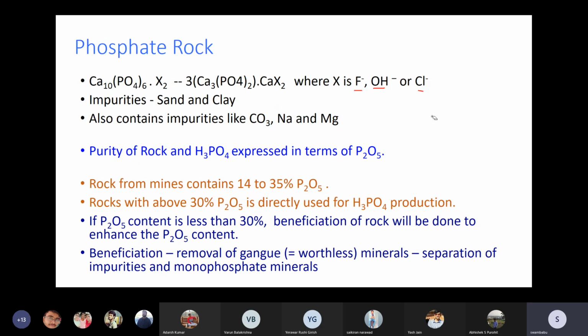If phosphate rock has above 30% P2O5 purity, that can be directly used for phosphoric acid production. If the purity level is lower than 30%, then beneficiation of the rock will be done. Beneficiation means removal or separation of worthless minerals or impurities. Since the phosphate rock contains sand and clay, often they try to reduce the sand and clay content to enhance the purity of the phosphate rock.